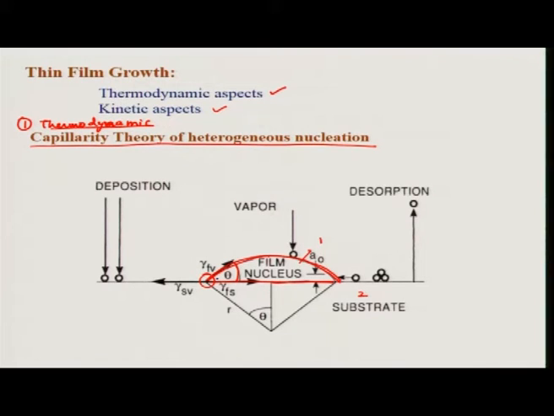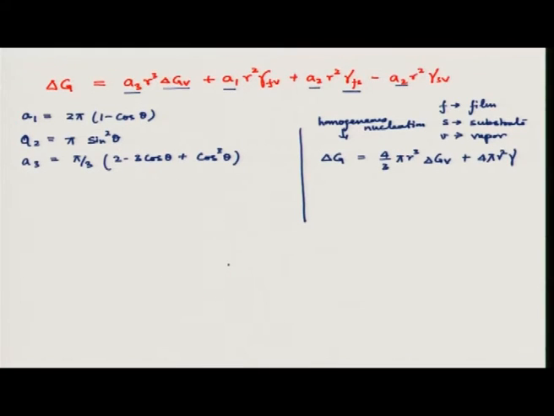If different forces are acting on this point, then there should be an equilibrium between these forces, which is given by Young's equation, which says that for equilibrium gamma SV must be equal to gamma Fs plus gamma Fv cos theta.